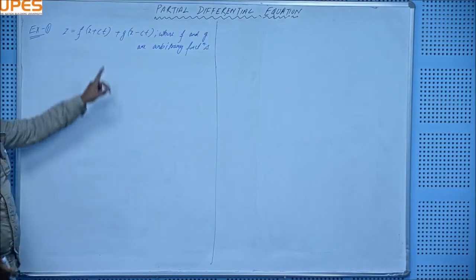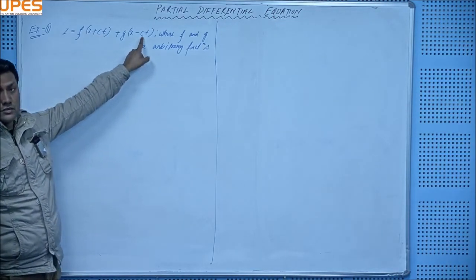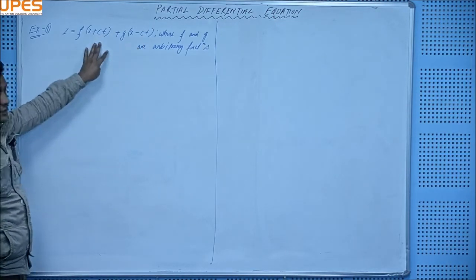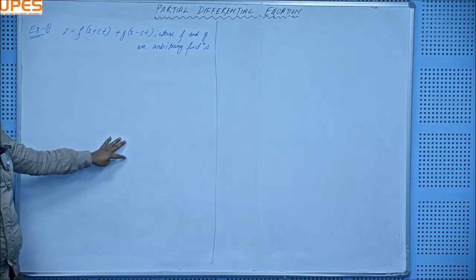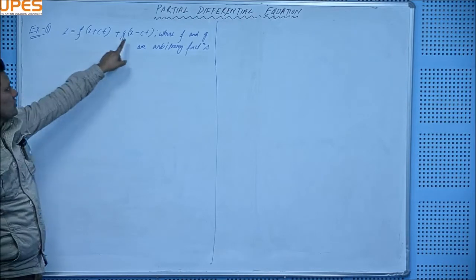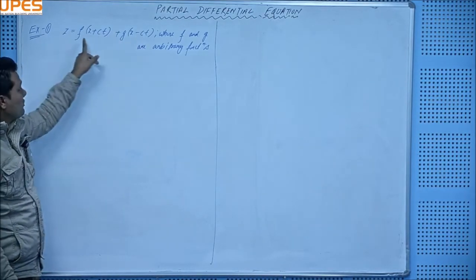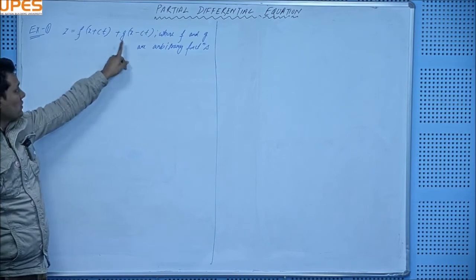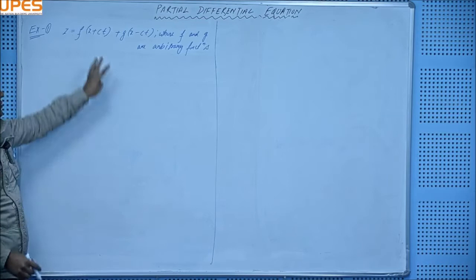So notice that we are also involving this c here, and this is not an arbitrary constant. This is a part of this surface and it will be involved in the final PDE, because only the arbitrary functions are f and g. c has nothing to do with the elimination. Only f and g will be eliminated. Do not try to eliminate this c, because this will be part of our differential equation. This is not a constant this time.